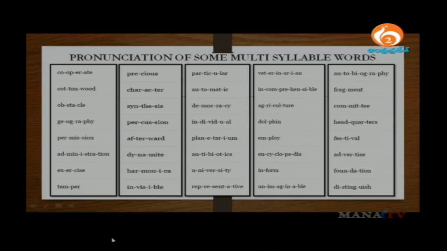Here there are four uninterrupted sounds, that is ad, min, a, stray, shun.